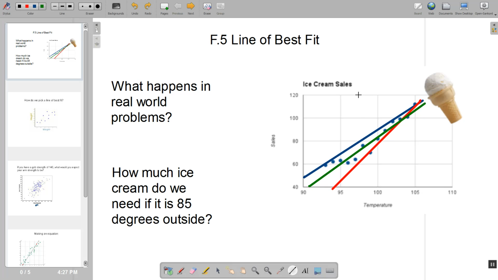Now, if you notice, each of these lines of best fit looks a little bit different. And if we're looking for an answer at 85 degrees, which would be somewhere over here, depending on the line that you're working with, your answer could be drastically different. When you're comparing real-world problems with equations, different lines of best fit can give you drastically different answers.